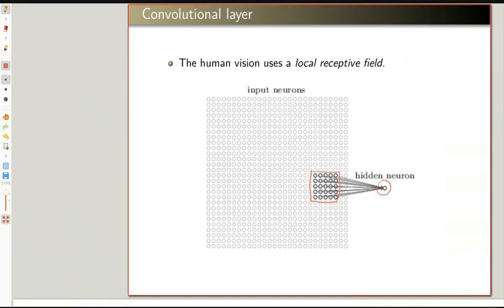So let's say we decide to use a local receptive field, as in this case, which is dimension 5 by 5. This means that I will use 5 by 5 weights. Let's say 2 by 2.